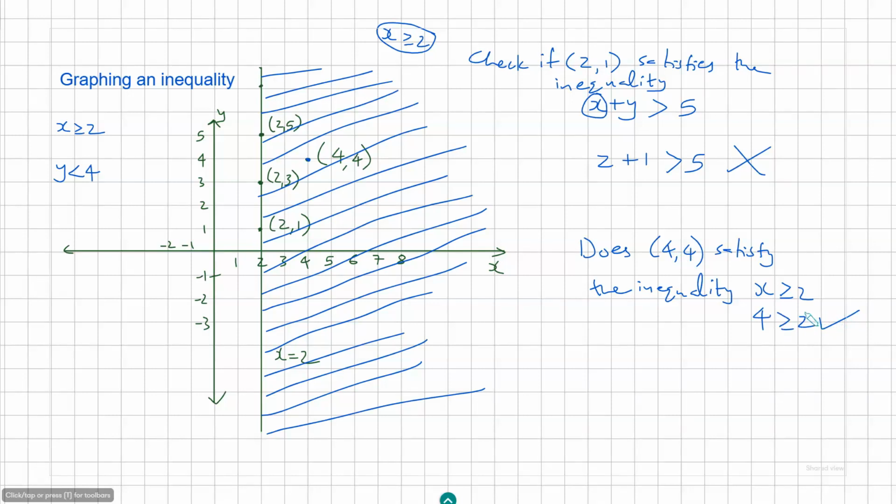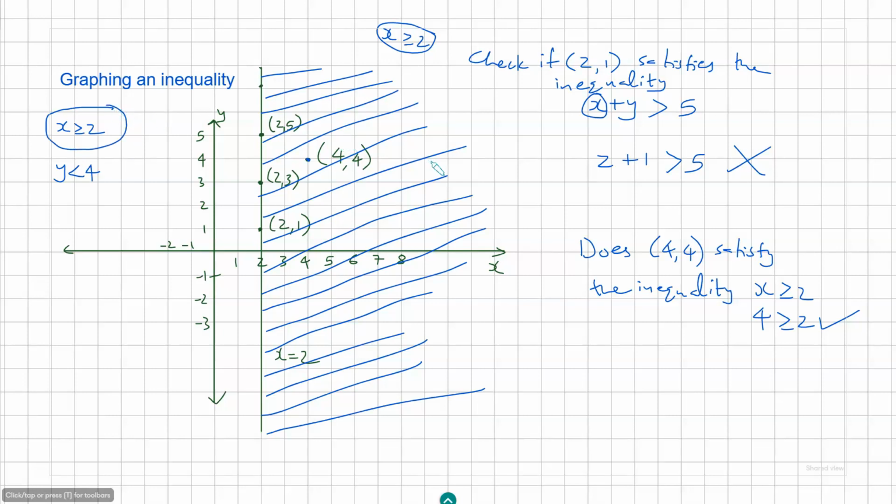So if it is true, you should shade this area or this part of the graph. It's a little difficult to show this on paper unless you have some colors, but you get the idea, right? So this shaded region is the region representing x greater than or equal to 2.